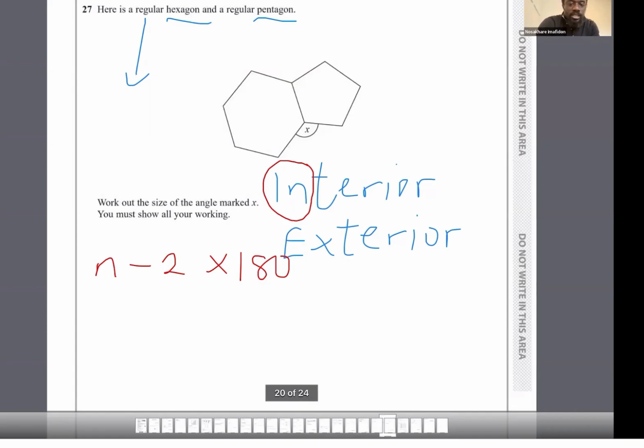We put this in a bracket to show that we have to observe the n minus 2 first, before multiplying by 180. So for a 3-sided polygon, say a triangle, we have 3 minus 2 times 180. Since we operate on this first, we have 1 times 180.